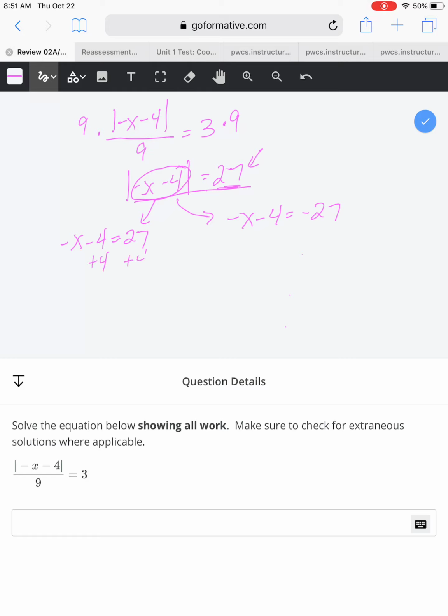So I add 4. Negative x is equal to 31. Now this is a negative 1x, so I'm going to divide each side by negative 1. X is equal to negative 31. Add 4, add 4. Negative 1x is equal to negative 23. Divide by negative 1. X is equal to 23.